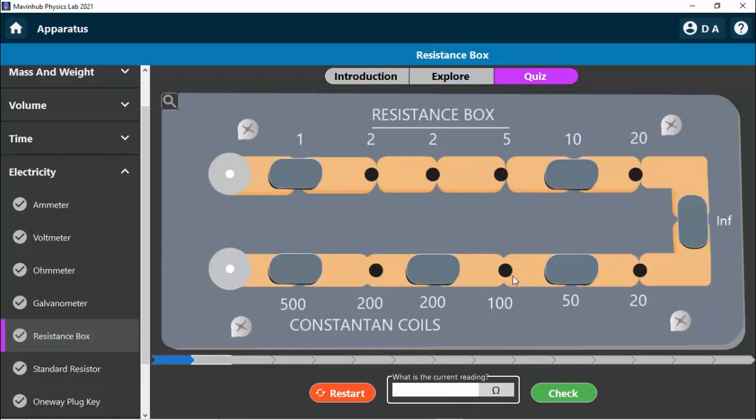This is 200 plus 100, that's 300. 300 plus 20, that's 320, plus another 20, that's 340, plus 5, that's 345, plus 4, that will give you 349. So 349.